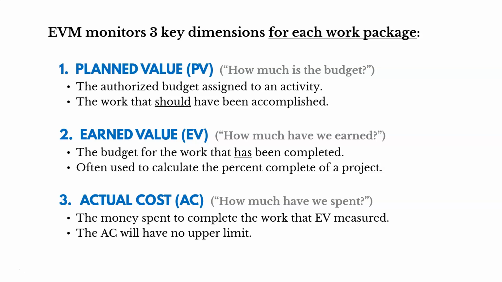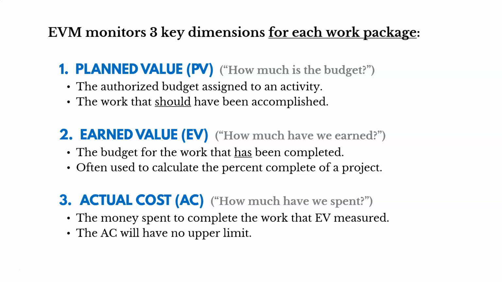So it's our authorized budget for an activity. If you add all the planned value up for each activity on the project, you're going to have your budget at completion, your BAC. So total planned value is really what we budgeted to spend by the end of the project.